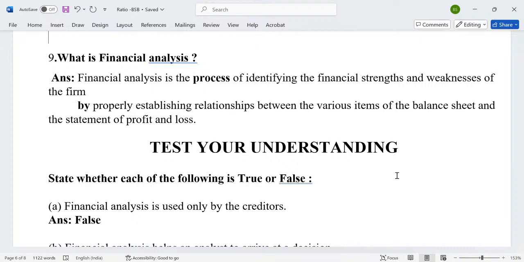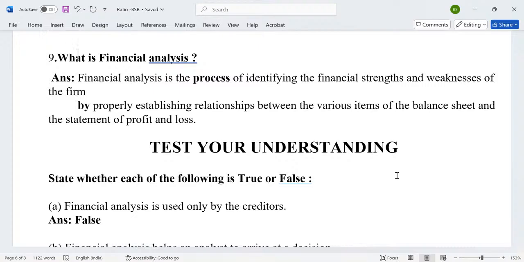How? By properly establishing the relationship between the various items of the balance sheet and statement of profit and loss. Means we take different variables from the statement of profit and loss and from the balance sheet, and thereby we establish one relationship. So it is financial analysis.